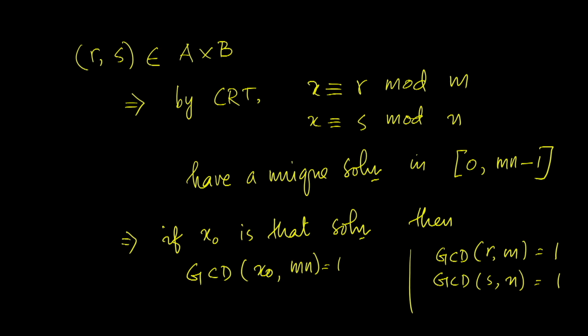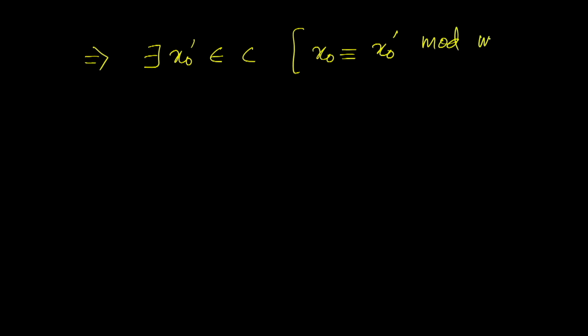Therefore, X naught is relatively prime to mn, which means there exists an X naught prime belonging to C such that X naught is congruent to X naught prime modulo mn. C is a reduced residue system modulo mn. Therefore, there should be an X naught prime which is congruent to X naught in that.